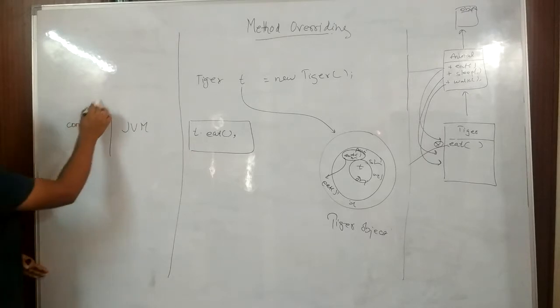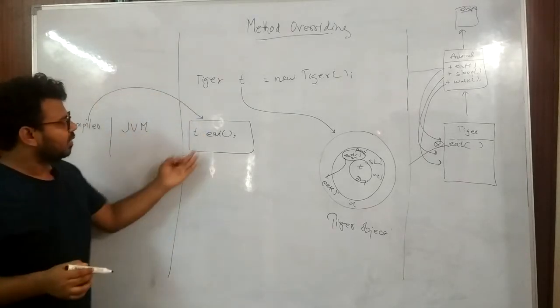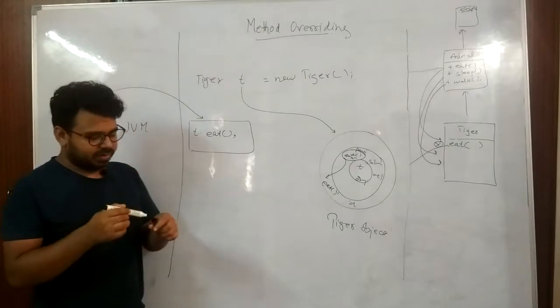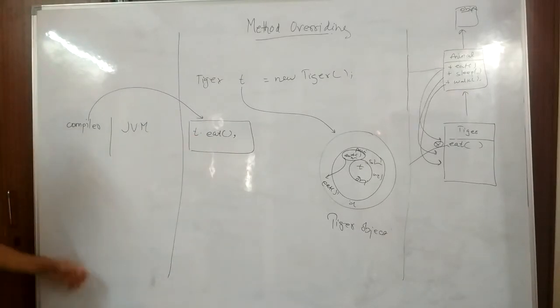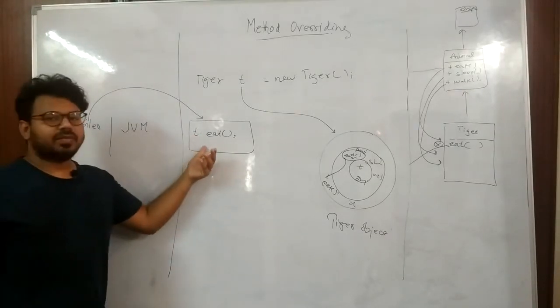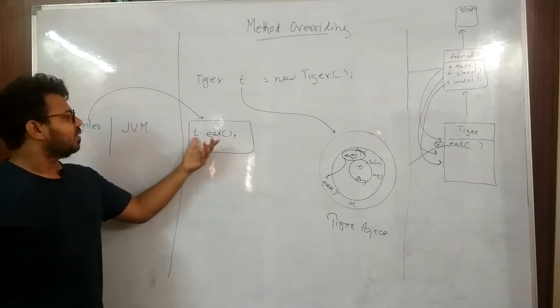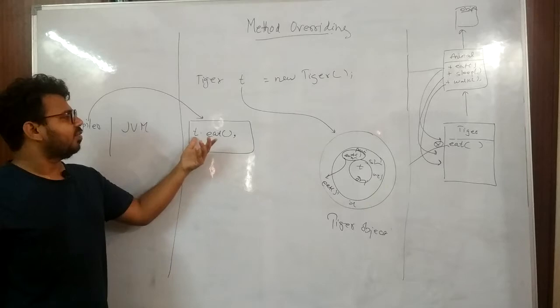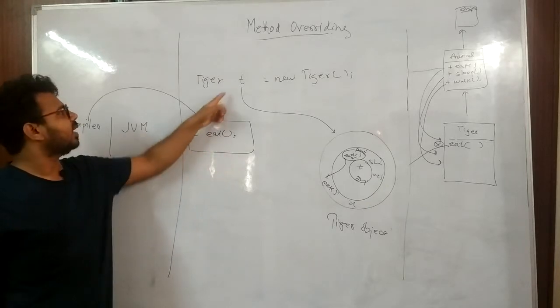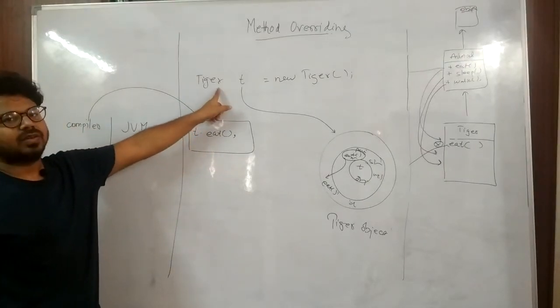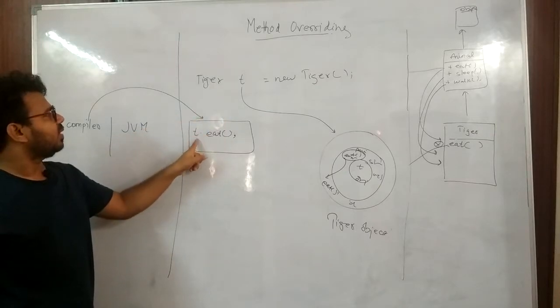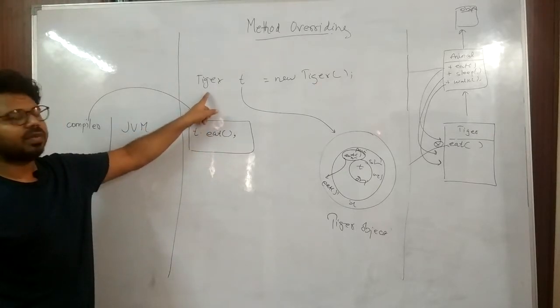The compiler will check for the eat method, and where will it look? It will look at the reference class. What is the reference class? Here you can see Tiger t. So the reference is t, that is of Tiger type.